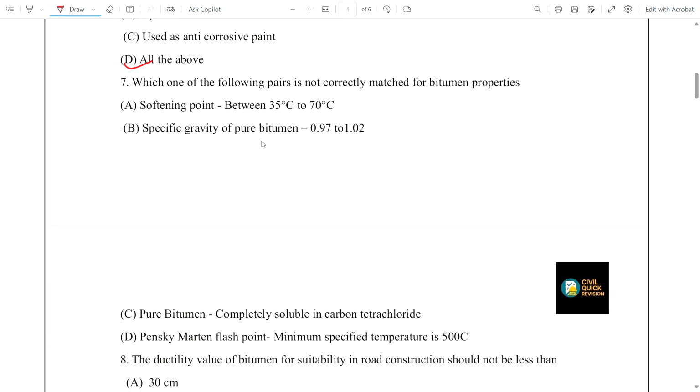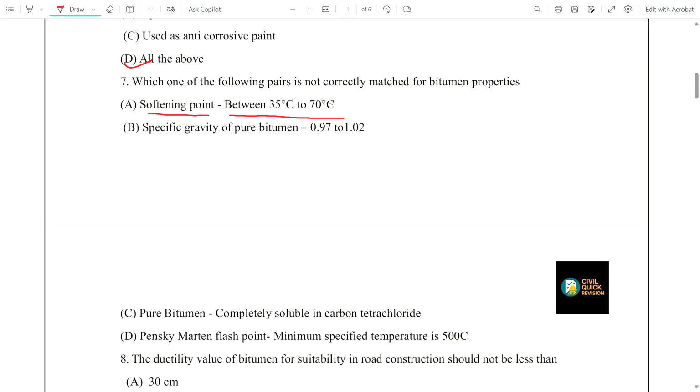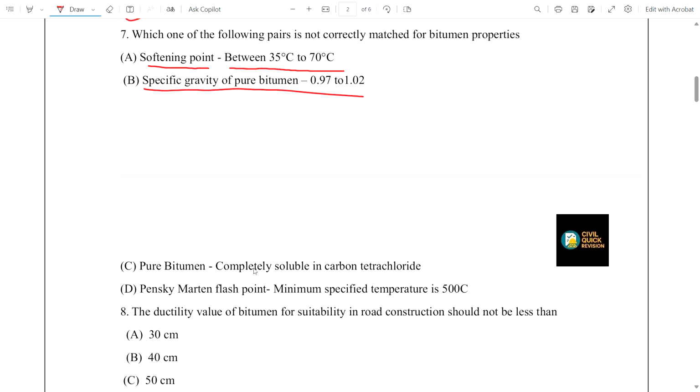Now question number 7. Which of the following pairs is not correctly matched for bitumen properties? For softening point, the temperature is between 35 to 70, which is correct. For specific gravity of bitumen, the range is 1.01 to 1.03, so this is also correct. Pure bitumen is completely soluble in CCl4, this is also correct.